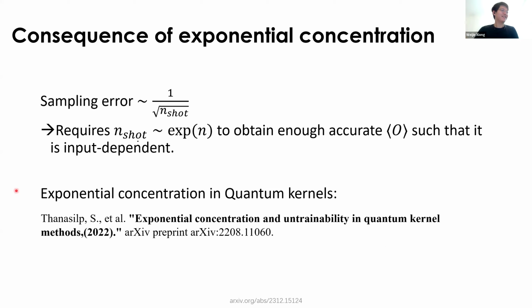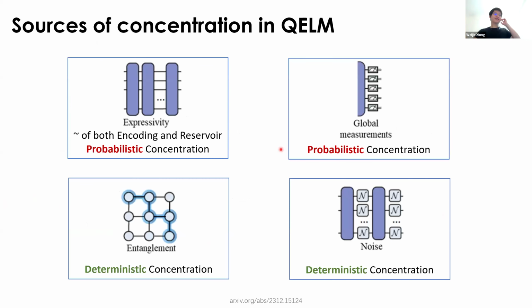And I want to remark that this part of our work can be considered as an extension of this paper studying the exponential concentration in quantum kernel methods. So here we identified 4 sources that will lead to exponential concentration.